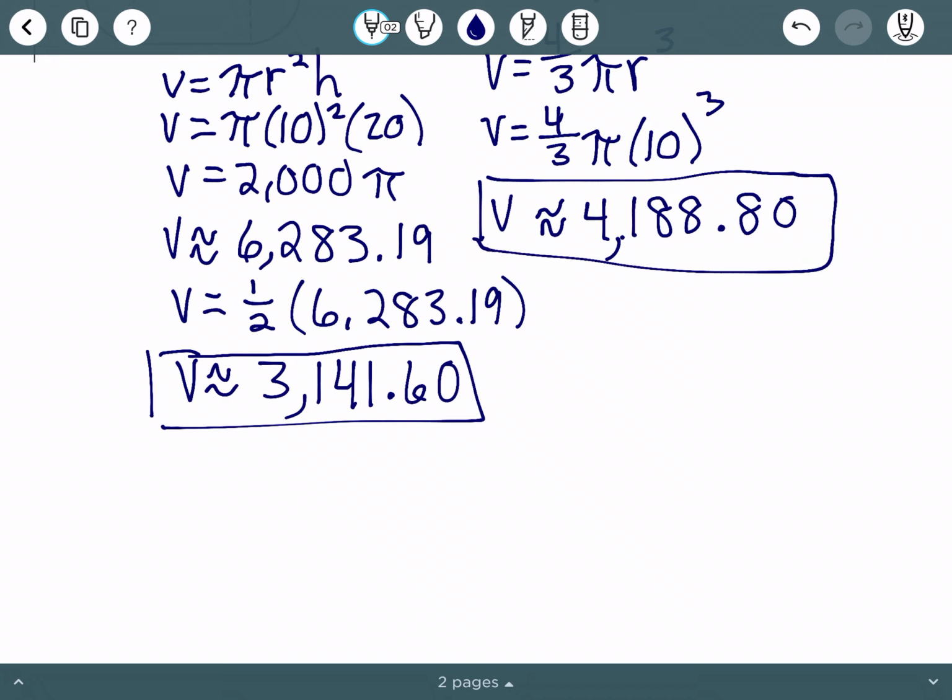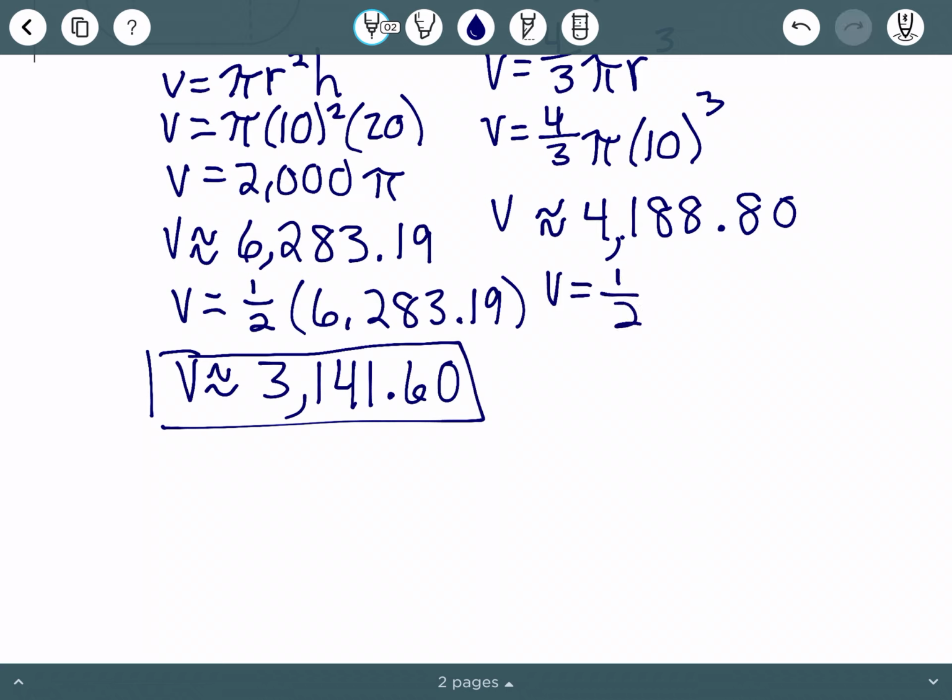All right. Ooh, I shouldn't have boxed that in. So keep in mind, this is for a full sphere. We are looking for half a sphere. So we're going to do the same thing as we did with the cylinder, and we are going to multiply by 1/2. Now, if you want to divide by 2, that's the same thing. You get the same answer either way.